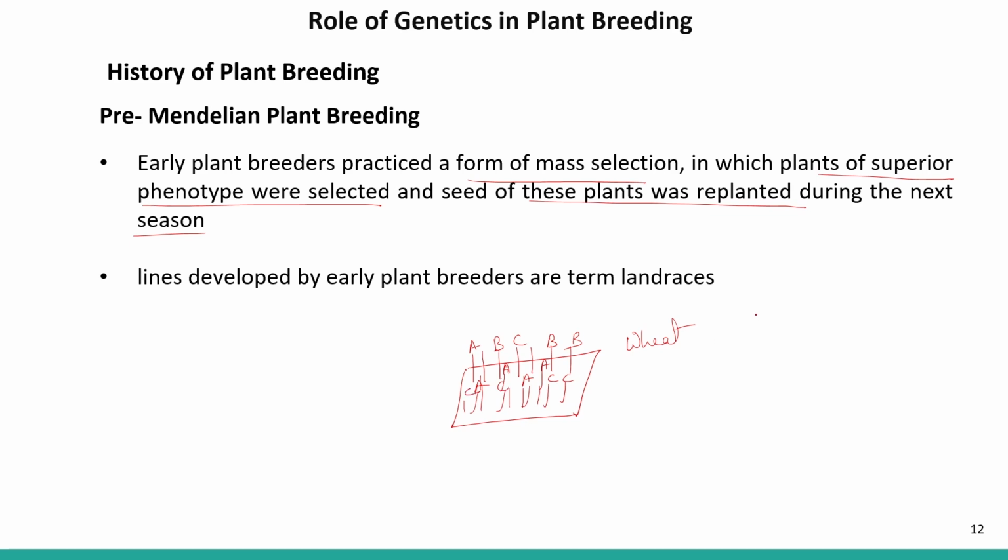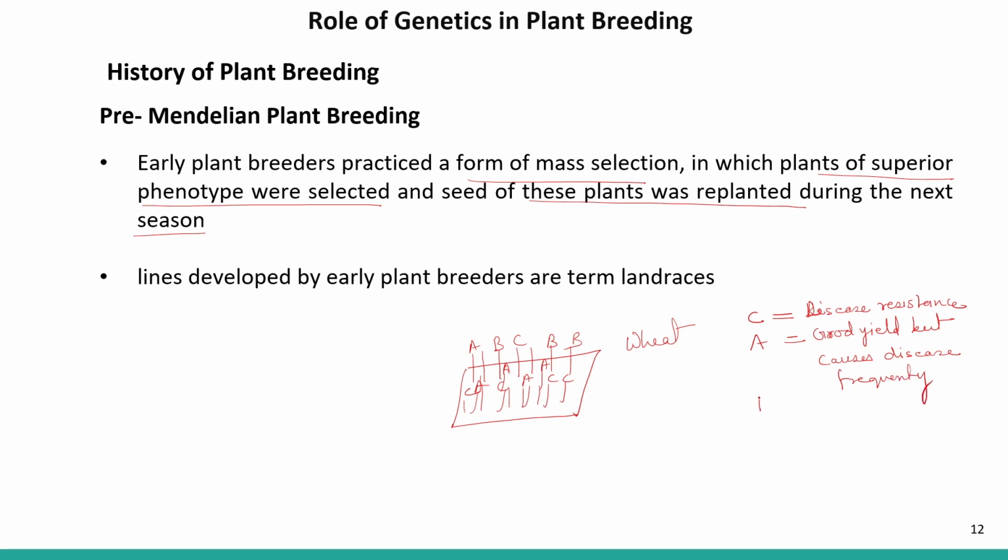So what they saw: C has disease resistance. A has good yield, but causes disease frequently, right?